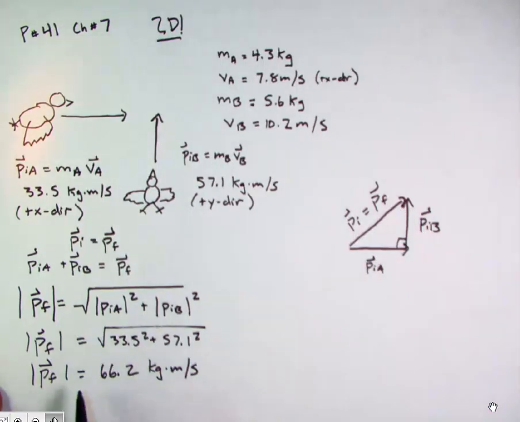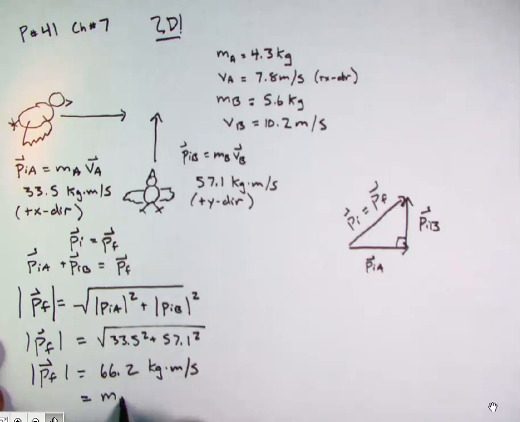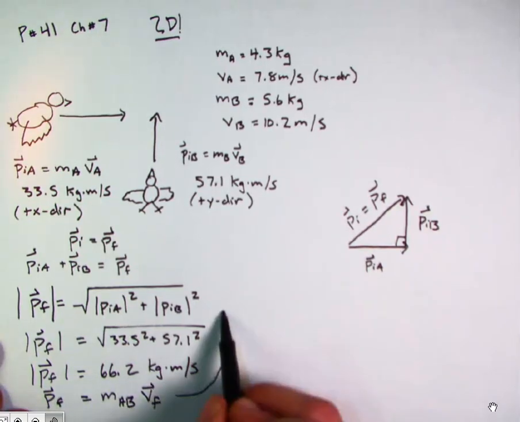So if I wanted to calculate, that's also equal to the mass of the two eagles times the final velocity of the two eagles, right? Since the final momentum has to be the mass of the two eagles stuck together times their final speed.